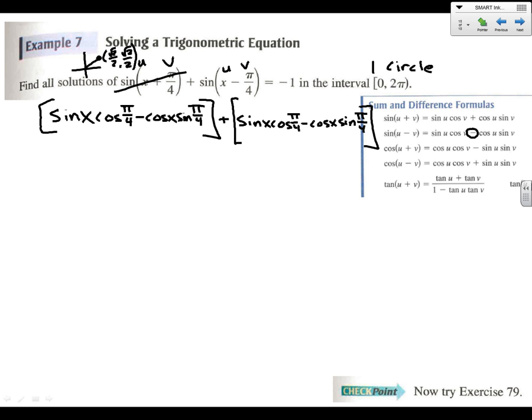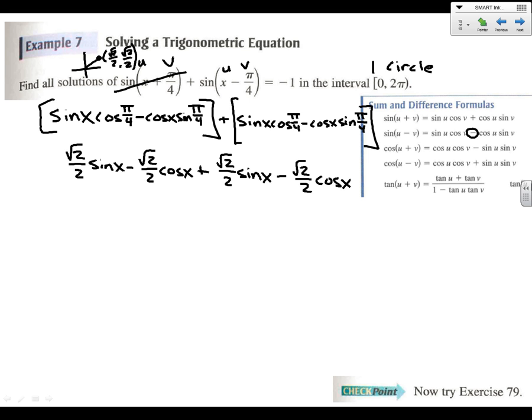Sine x cosine pi over 4 is root 2 over 2 minus root 2 over 2 cos x plus root 2 over 2 sine x minus root 2 over 2 cos x.